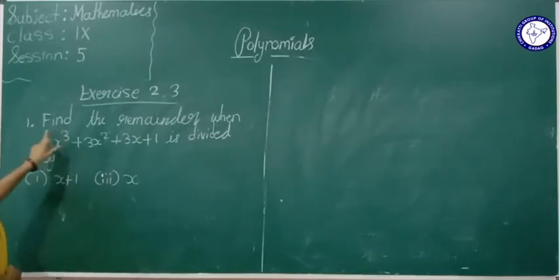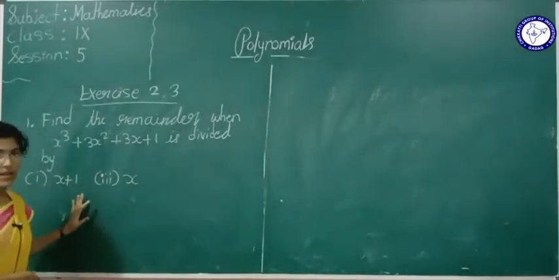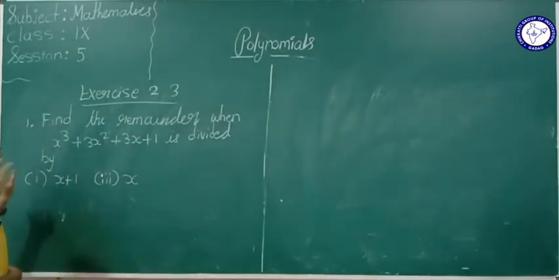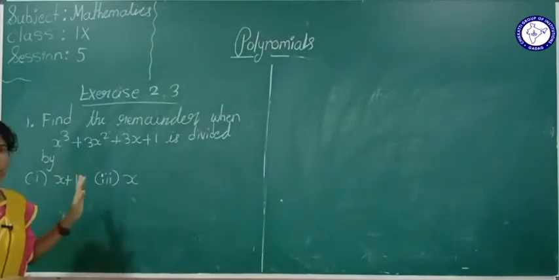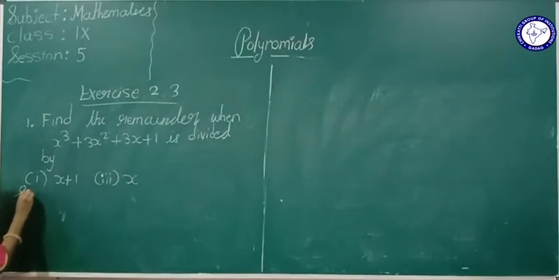In this question they have not mentioned anything. They have not told us to find the remainder by using long division, nor by using the remainder theorem. You can use any method. See the solution.